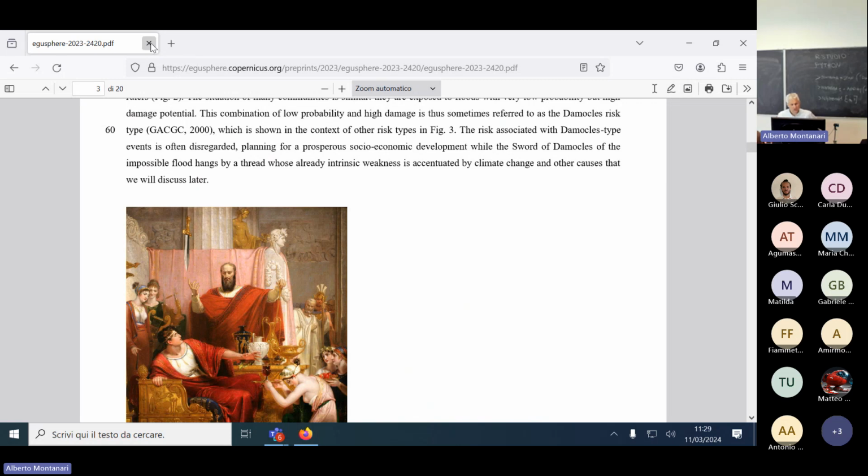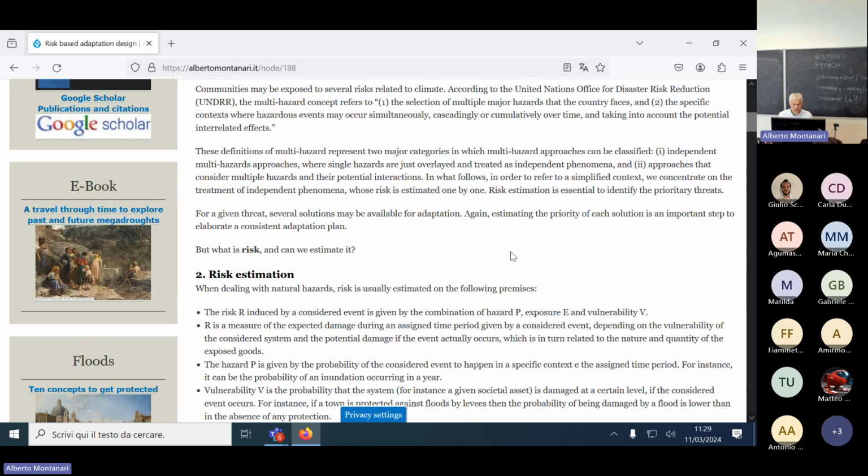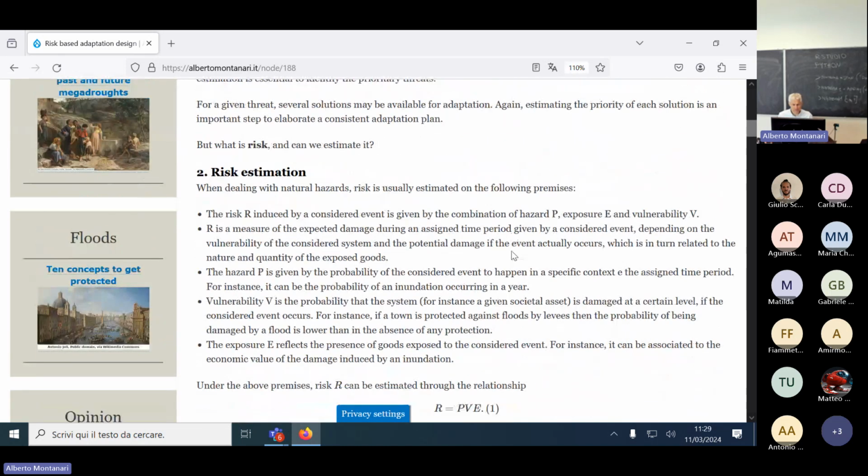Okay, so what is risk then, and how can we estimate it? When we deal with natural hazards, the literature suggests that risk is estimated based on some premises. The first premise is that the risk, let's call it R, induced by a considered event, is given by the combination of three factors.